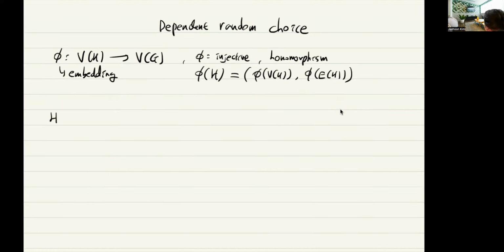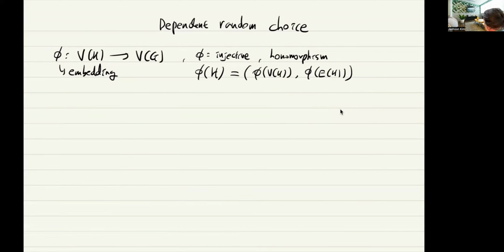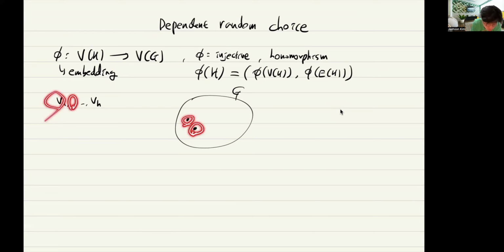So we use this terminology of embedding partially because it's useful to describe the process of finding H in G. Oftentimes, when we have H with vertices B1 to B_h, and we have G, we want to find the vertex that plays the role of B1, another vertex that plays the role of B2. So we might want to find these one by one in a sequential way.